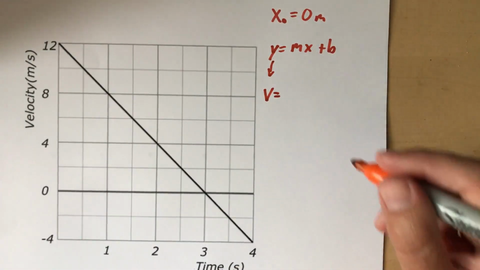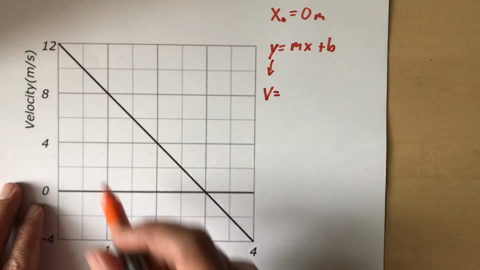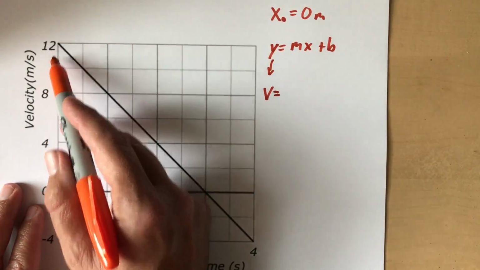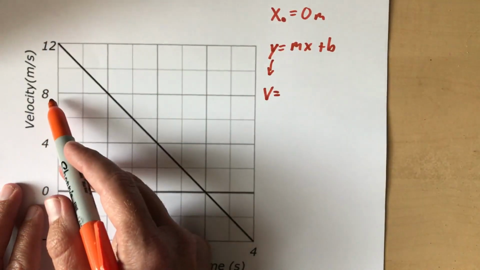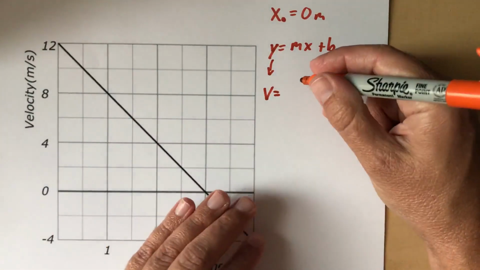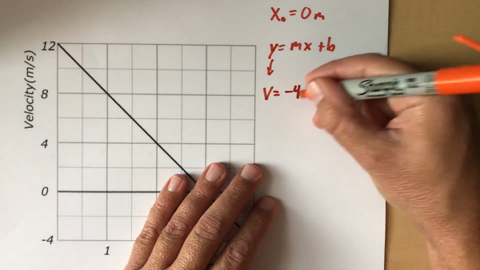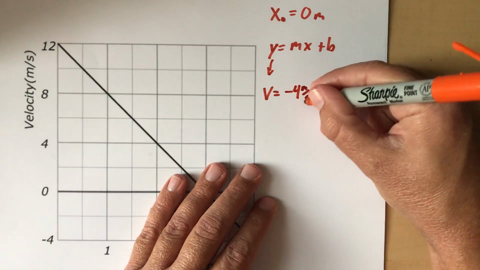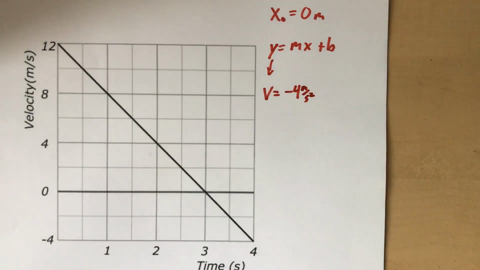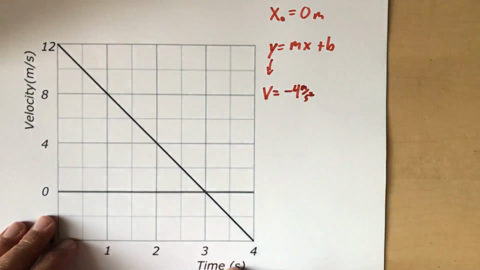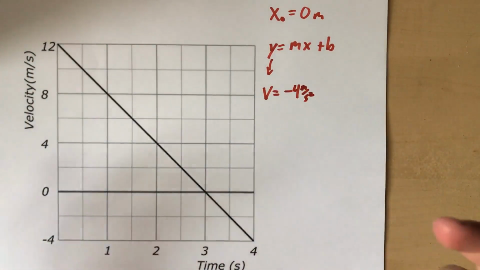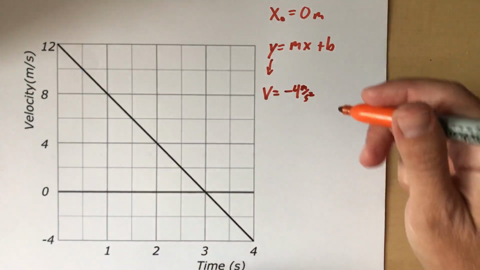They want you to put a number for the slope, so we can look at this, that the slope is the rise over the run, so we drop 4 over 1, so the slope you can see here is -4. So -4 meters per second squared would be the slope, because it would be meters per second over seconds. Or you can just think the slope is the acceleration.